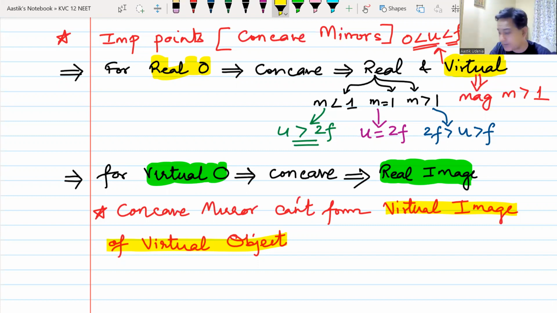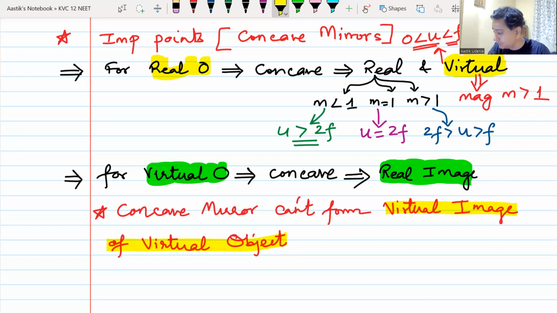I'll give you a minute so that you can ask me any doubt that you have about concave mirrors, else we will move on to the next one, my dear friends.